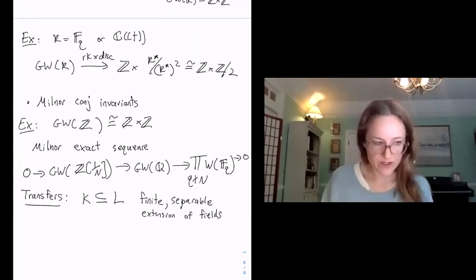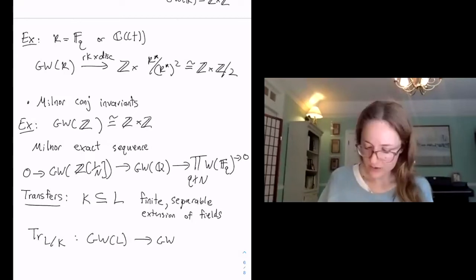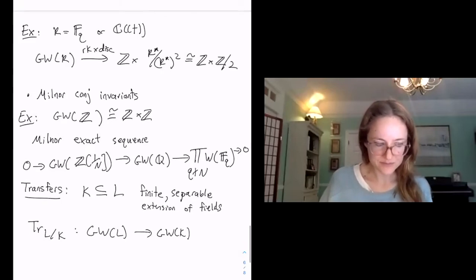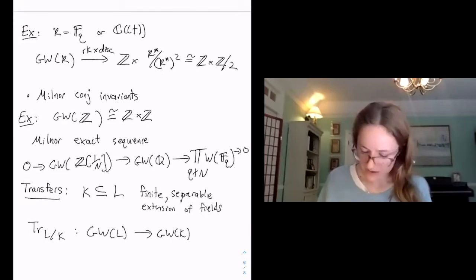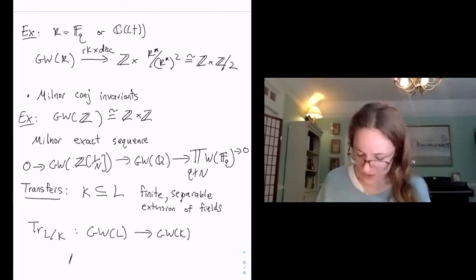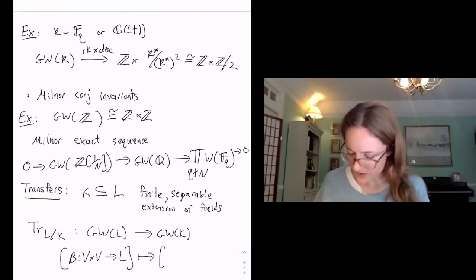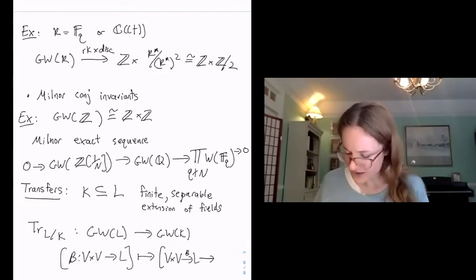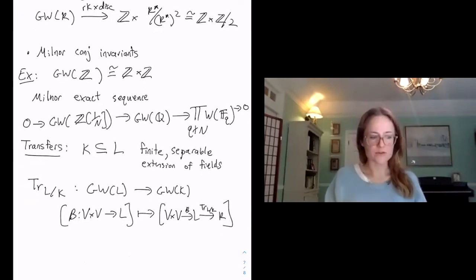And then we will have a transfer map from the Grothendieck-Witt group of L to the Grothendieck-Witt group of K. It'll take a bilinear form, beta: V cross V to L, and take its class to the composition of beta with the sum of the Galois conjugates, the trace, from Galois theory.